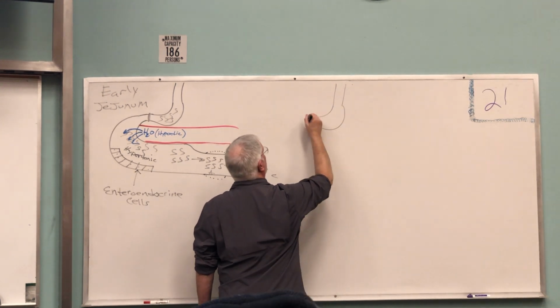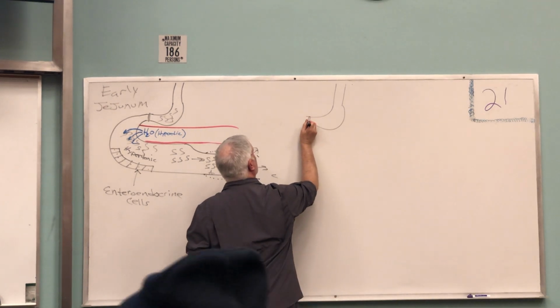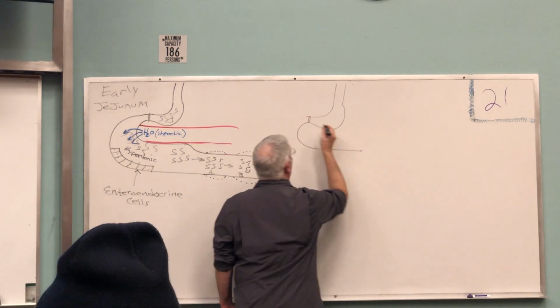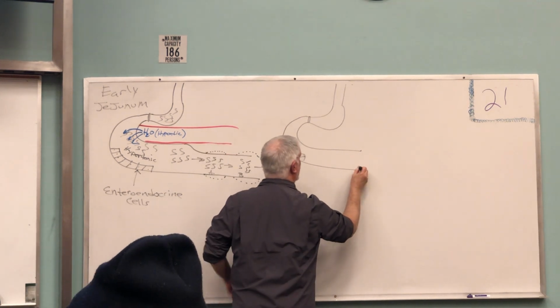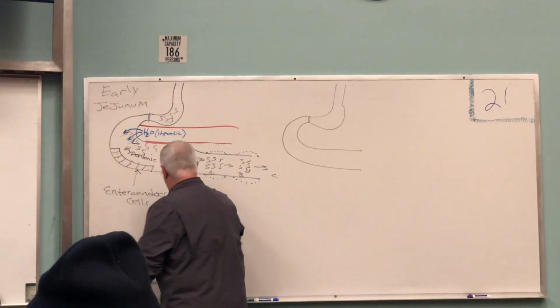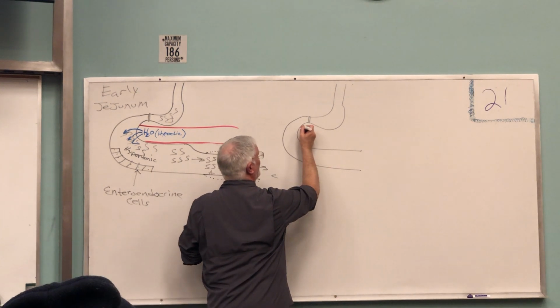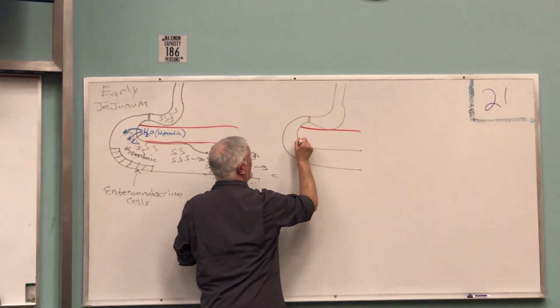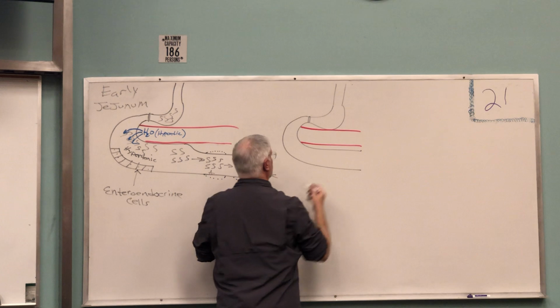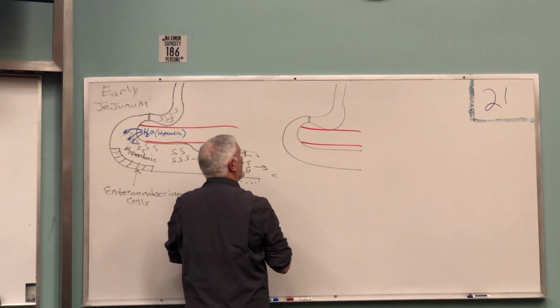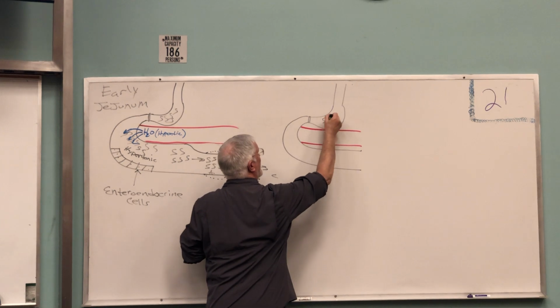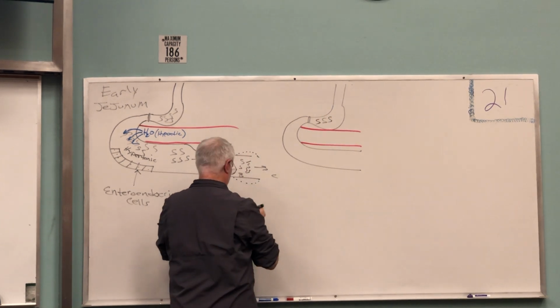lesser curvature, greater curvature, pylorus, duodenum, and jejunum, early part right along in here. We'll have our corresponding vascular capillaries right along here. And then we are going to look at the contents of the chyme in the stomach.